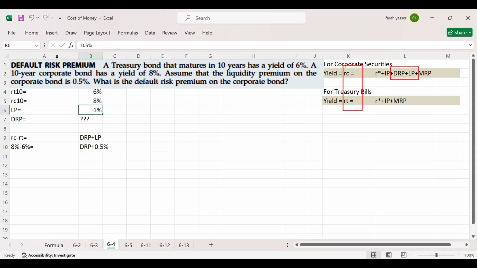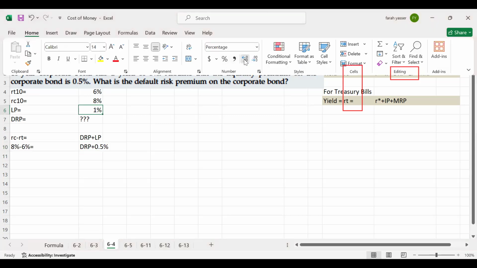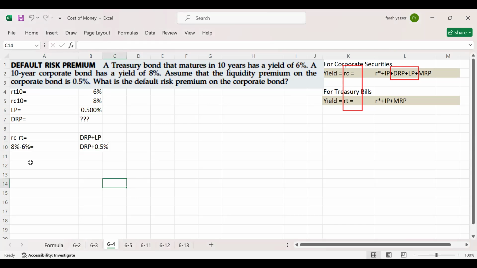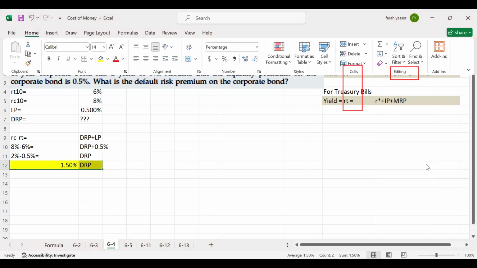So by deducting 6 from 8, we get 2%, and we deduct this 0.5% from 2%, so we will get the default risk premium on the other side. So how much is the default risk premium? The default risk premium is 1.5%. So this 1.5% is the answer to this particular problem.